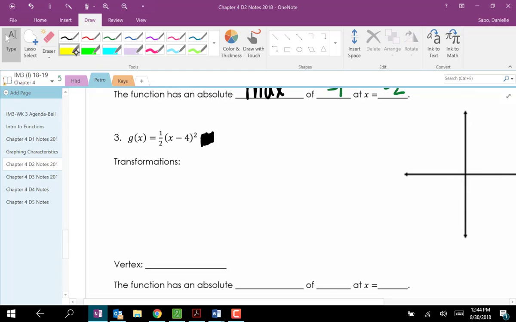So we look at our function. Can someone just tell me, are we concave up or down? Up, because there's no negative. So that's great. We don't even have to write anything about reflection. Awesome. What does this 1/2 do? Stretch or compress? Compress, very good.